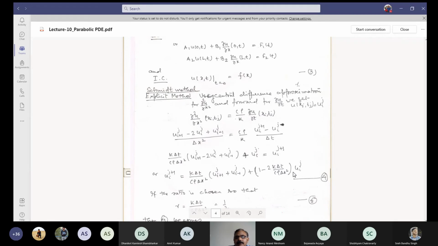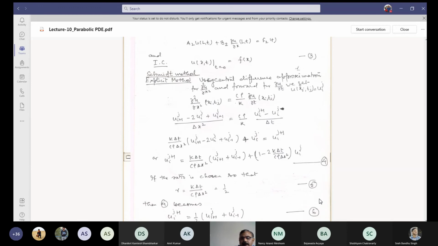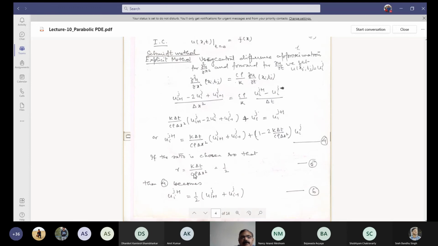Interesting thing here is that if we take this k delta t by rho delta x square as 1 by 2, that is actually called the mesh ratio. In the Ames book, the word is used as mesh ratio. So R equals half, and this gives a very simple method.